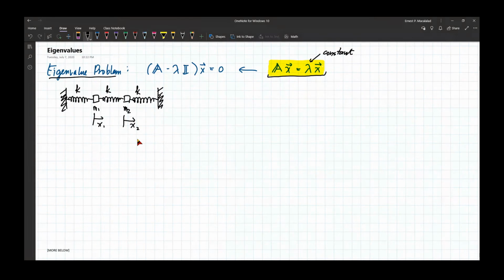Okay, the equations of motion are as follows. The equation of motion for M1 would be M1 x1 double dot equals negative K x1 plus K (x2 minus x1). And then for the second one, M2 x2 double dot equals negative K (x2 minus x1) minus K x2.